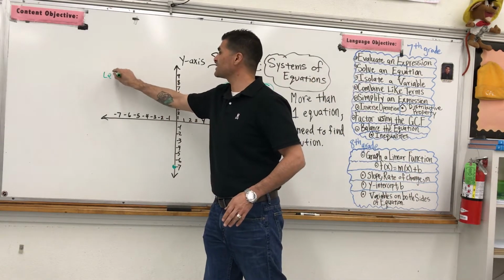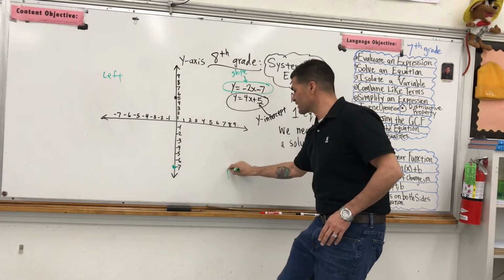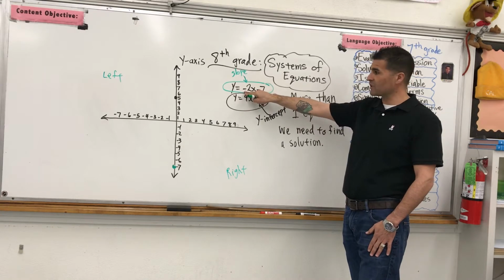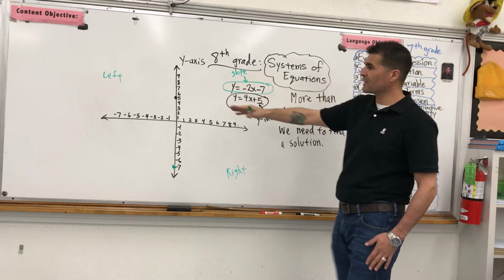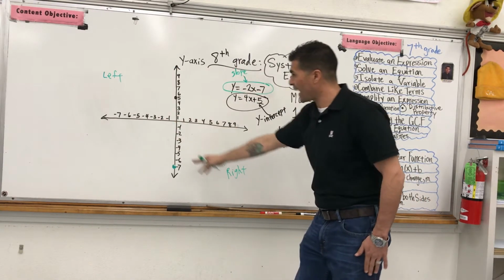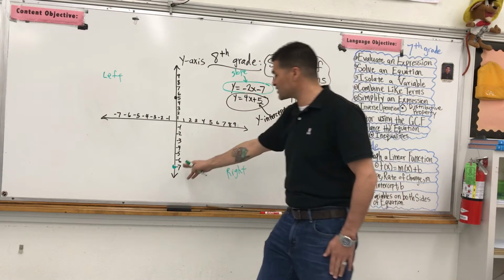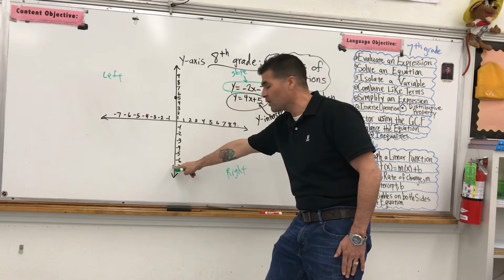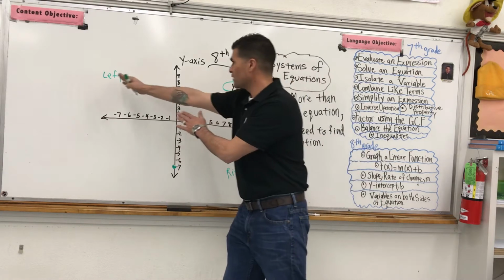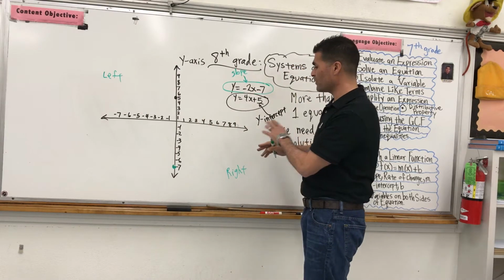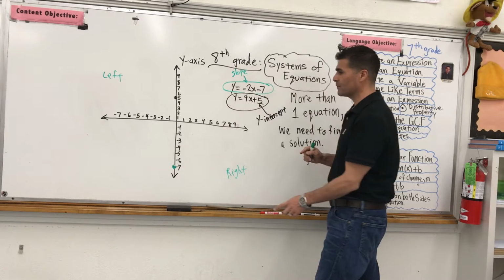So from the left side to the right side, because this equation has a negative slope, I know that the line is going downward, and it's not only going downward, but it actually has to cross through this point where y is equal to negative 7. So I know that it's from the left to the right going down, and I know that it must pass through negative 7.